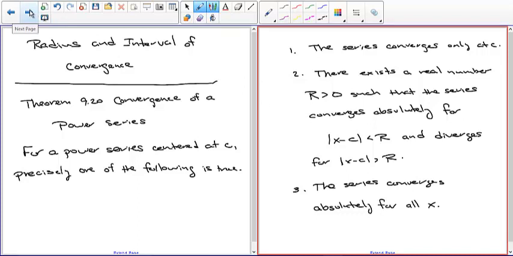Sometimes one side works and the other side doesn't. So if it's centered around 0 with plus or minus 1, it might converge at -1 but diverge at +1. It might diverge at both +1 and -1. So you don't know until you actually do the test.